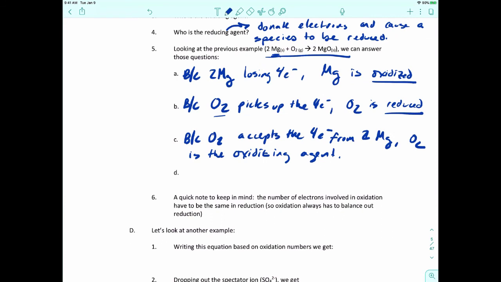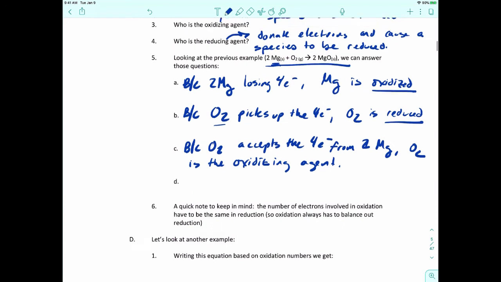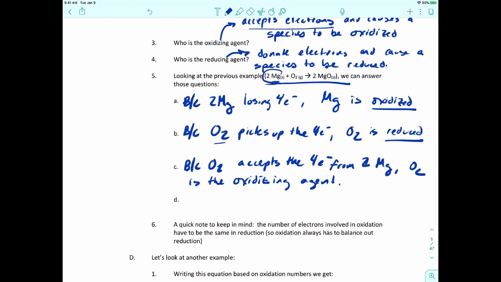All right, so if O2 is your oxidizing agent, then that means that magnesium is donating the electrons to oxygen, but it's causing oxygen to take in those electrons. So because magnesium donates the electrons, magnesium is the reducing agent.